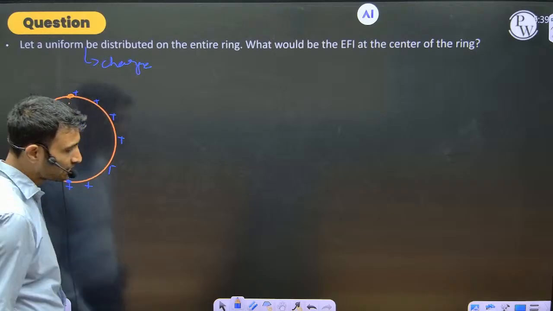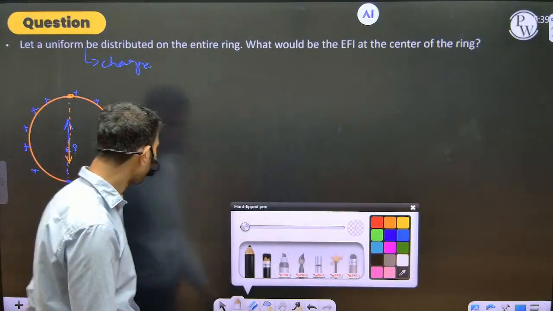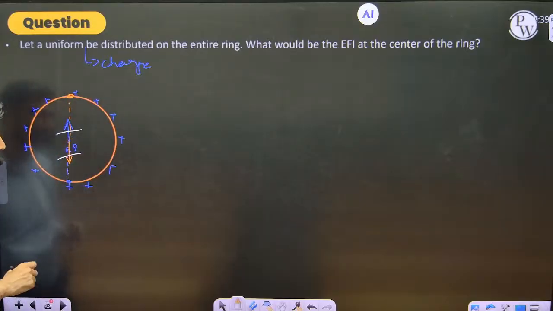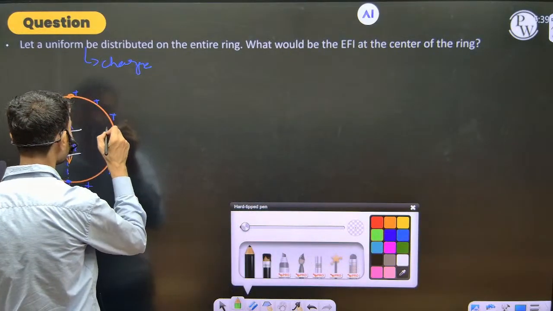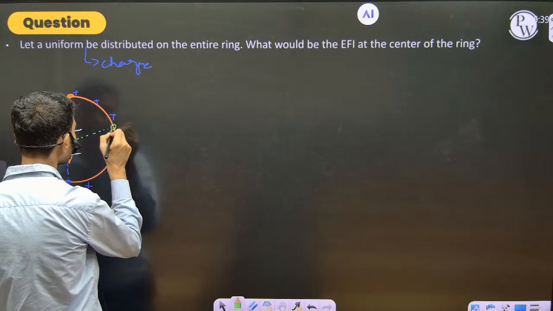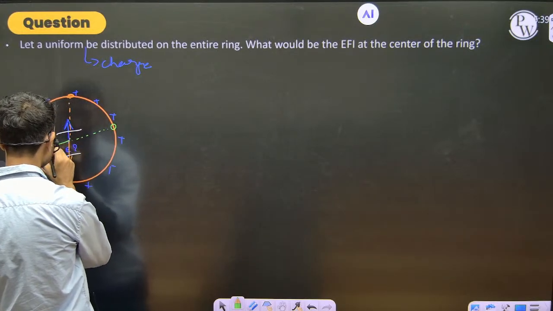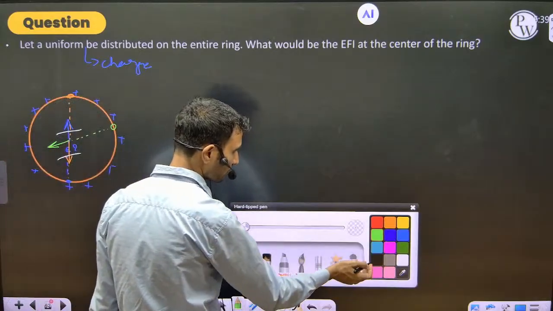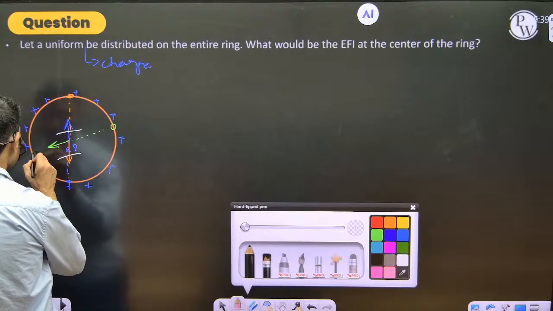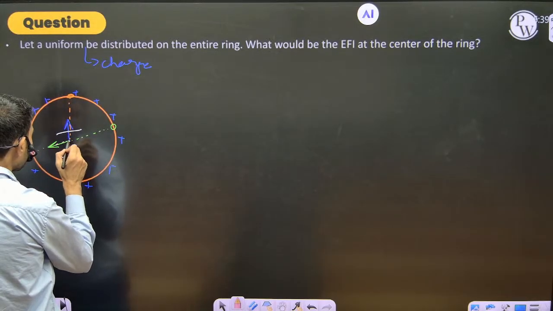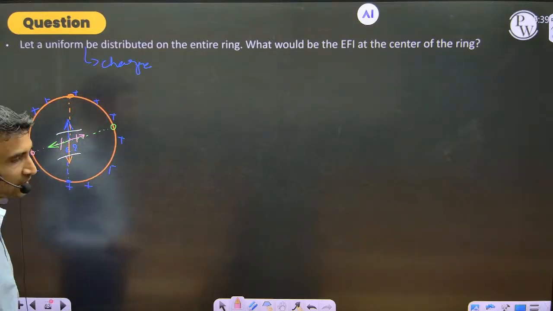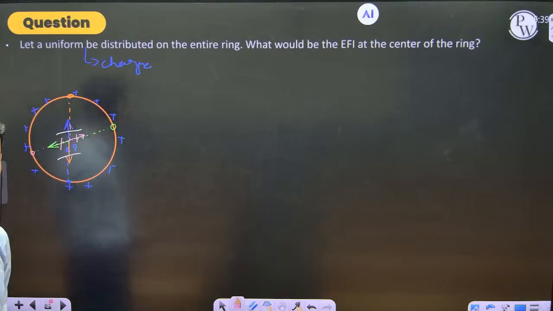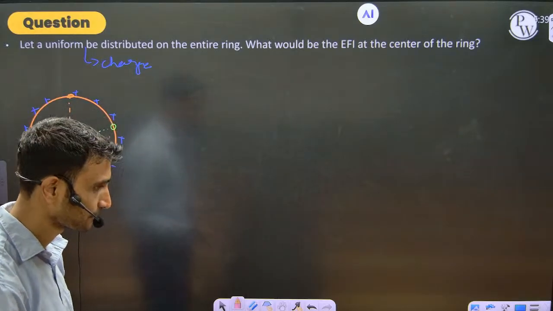So both the electric fields will get cancelled. Similarly, this part will send the electric field in this direction. This part will send the electric field in this direction. Both will get cancelled. So the net electric field will come out to be how much here? It will be 0. Okay.